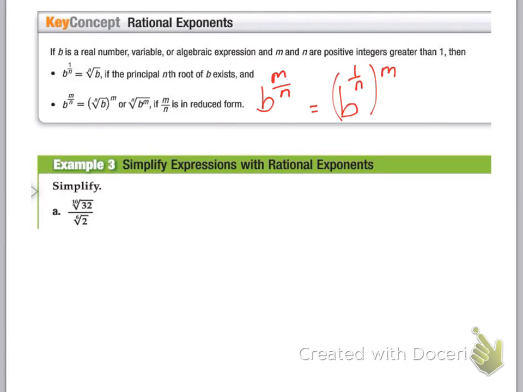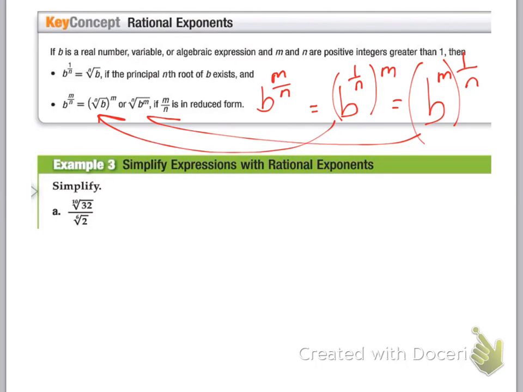Right? Because power of a power says you multiply. That is the first option here. But I also can do b to the m to the 1 over n, which is the second option, where m is inside on that b value.